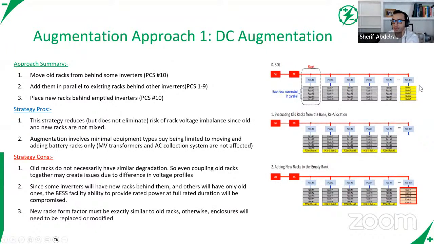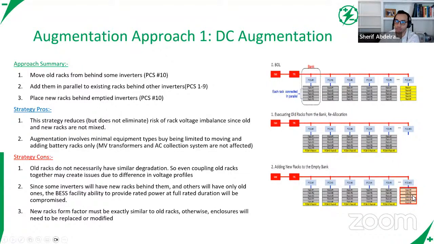At the first augmentation, the plan is we're going to take the battery racks behind that 10th inverter and scatter them across all existing battery racks behind other inverters. And then the new battery racks, we're adding them behind inverter number 10.